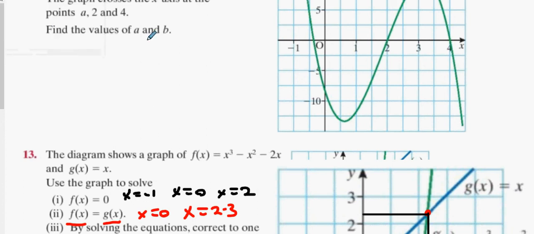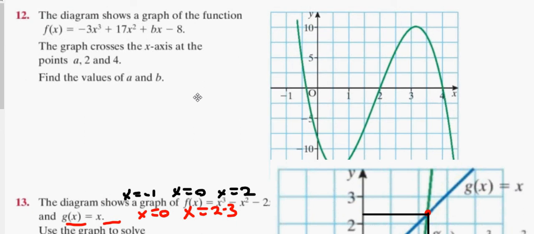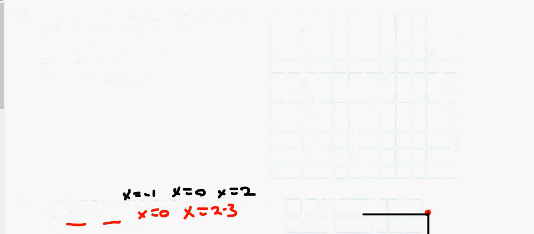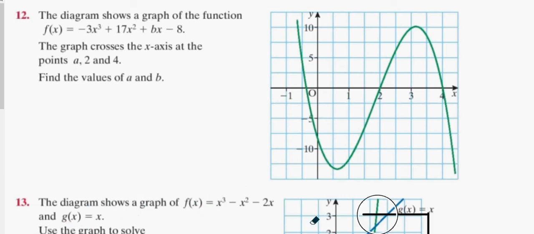So question 12, which we can see here. The diagram shows a graph of the function f(x) equals minus 3x squared, that's why it starts above the axis. It crosses the axis at a, 2, and 4.